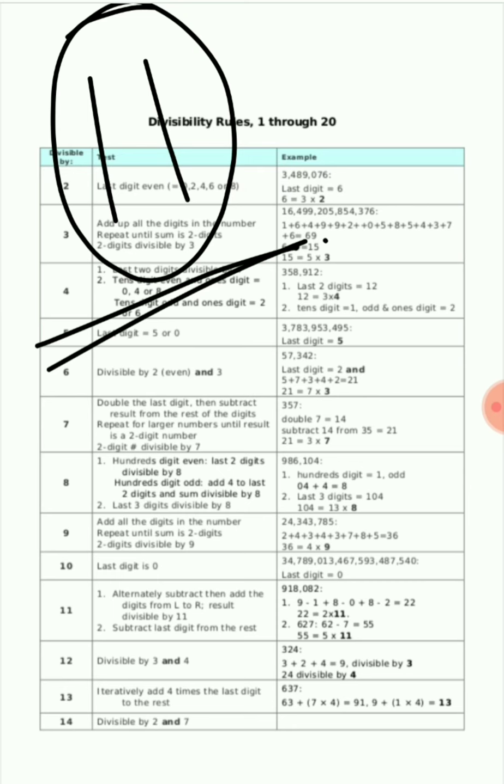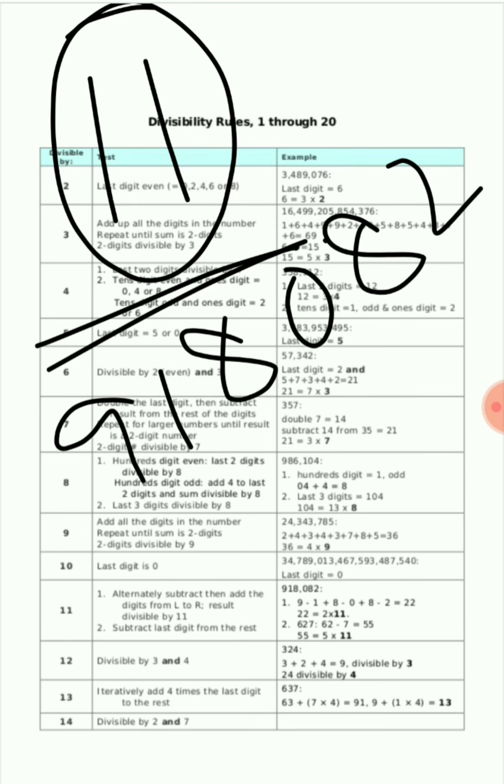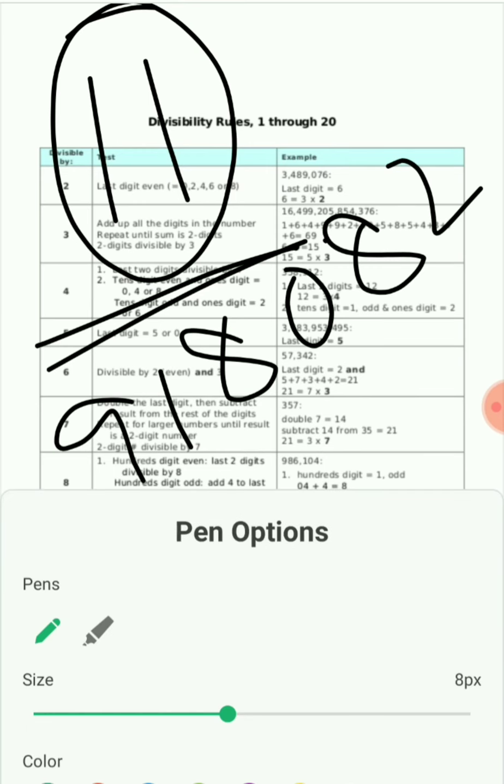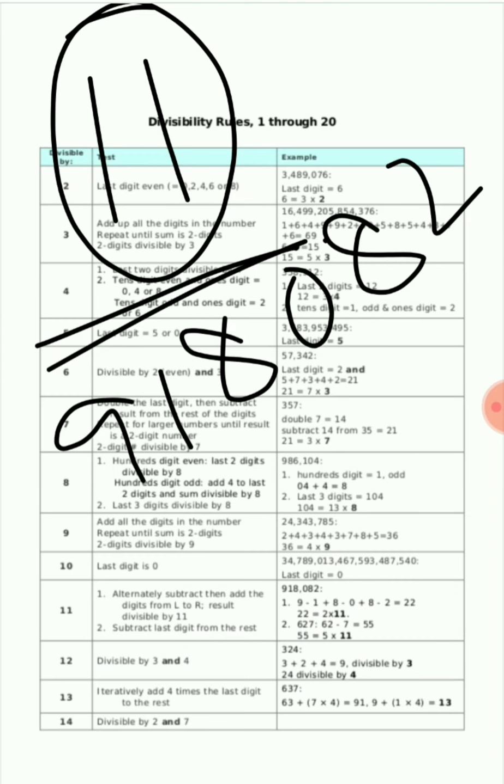Let the number be 918082. How do we check whether this is divisible by 11 or not? We truncate the last digit and subtract it from the remaining number. 9180 minus 2 is 9178.